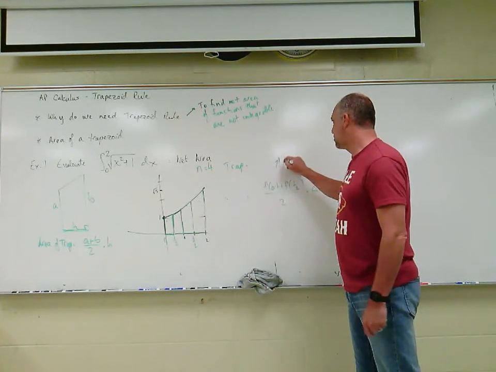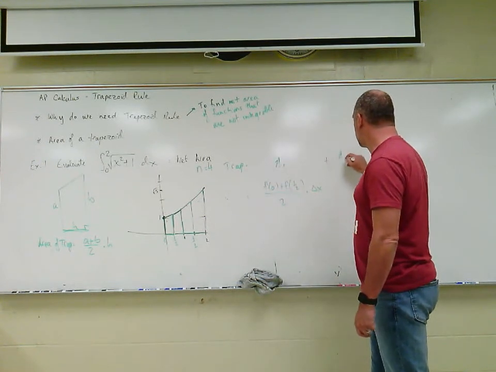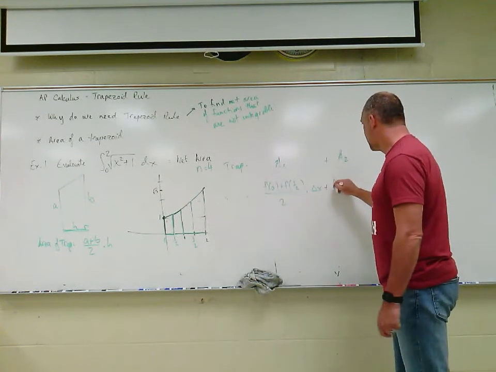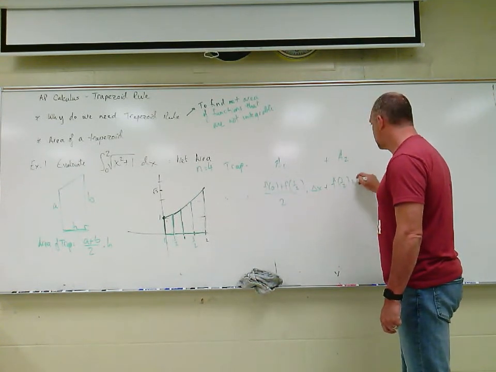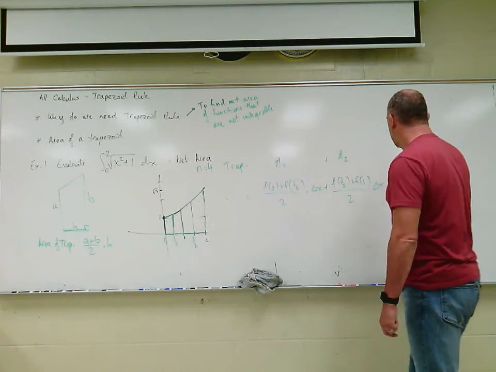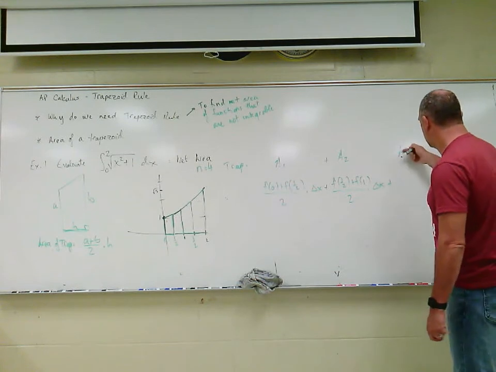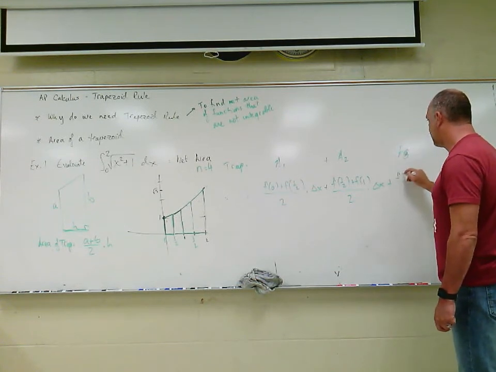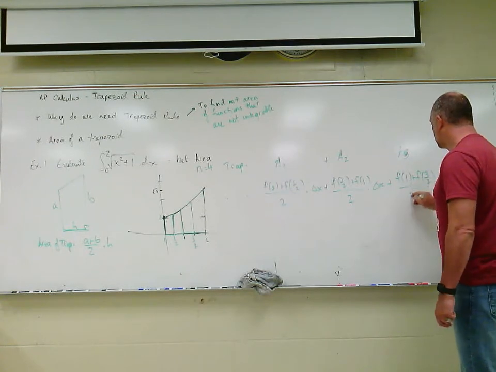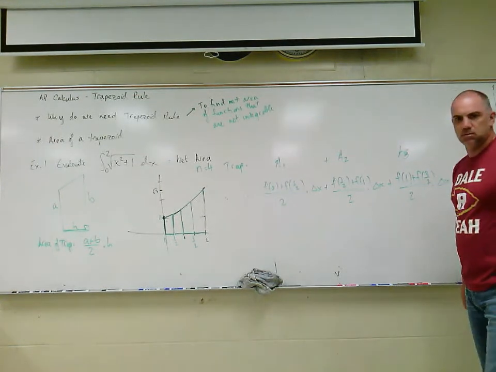This is the area of the first one plus the area of the second one, which is f of a half plus f of 1 over 2 times delta x. Area of the third one, f of 1 plus f of 3 halves over 2 times delta x.